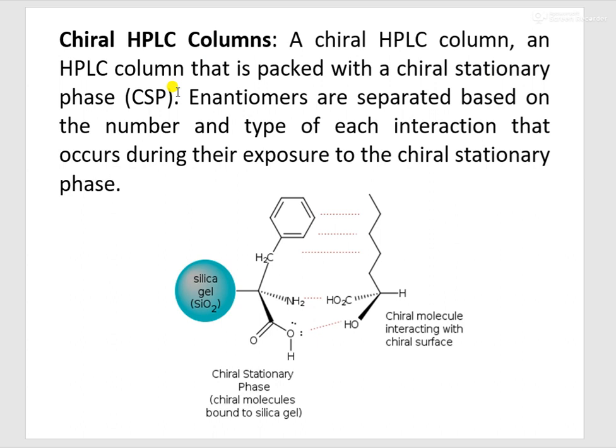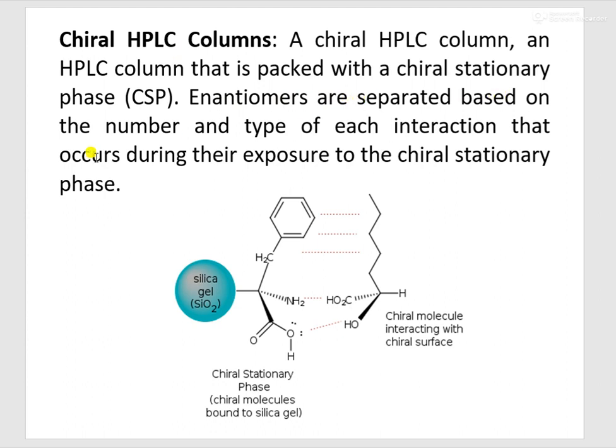Chiral columns are useful for separation of enantiomers. Enantiomers cannot be separated by simple columns or reverse phase columns or any other columns. You need specialized columns for that, and chiral columns will serve the purpose. So for enantiomer separation, chiral columns are required.